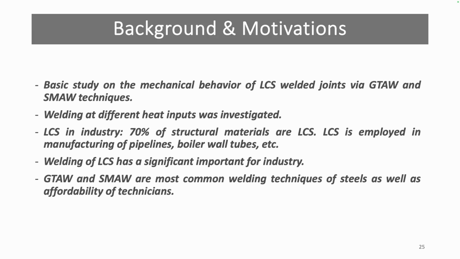Therefore, the welding of low carbon steel has a significant importance for the industry. Therefore, we did this basic study. However, we are also planning to perform more investigation later about this study.